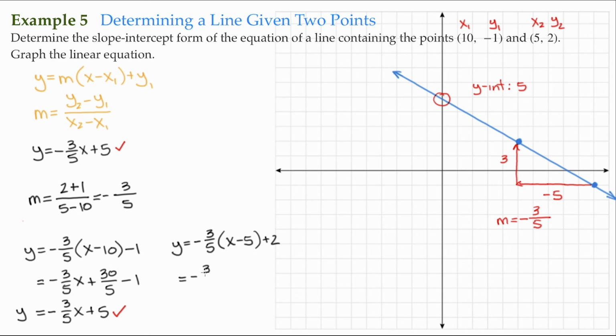We distribute negative 3/5 times x, that's negative 3/5 x. Negative 3/5 times negative 5, the 5s are going to cancel, so we wind up having positive 3 plus 2. And of course, y is equal to negative 3/5 x plus 5. So everything seems to work out. And there we go.